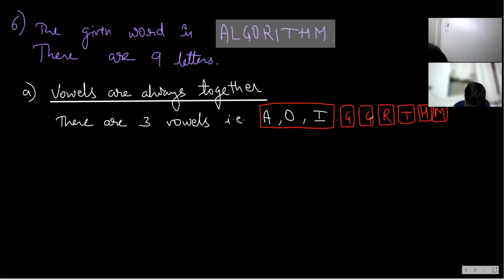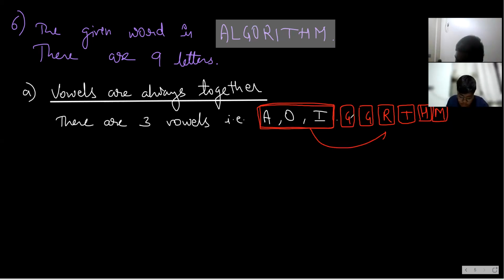Now listen students, this is a single unit. So you will arrange these 6 units amongst themselves. Don't consider AOI as 3 units. It is one single unit. So now the arrangement will be amongst these 6 units.